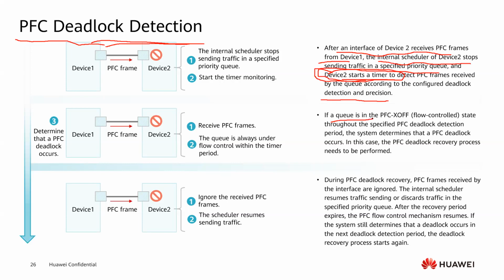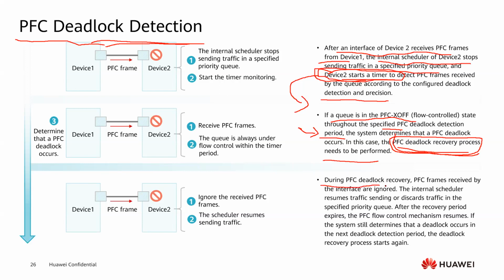If a queue is in the PFC XOFF state throughout the specified PFC deadlock detection period, the system determines that a PFC deadlock occurs. In this case, the PFC deadlock recovery process needs to be performed.